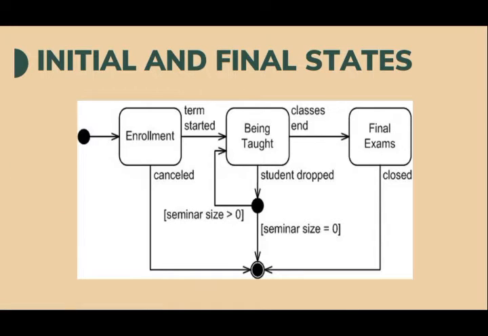So as you can see, here is an example of the initial and final state. The initial state starts at enrollment, then goes to being taught, but if the student drops, it goes back to start, and if they take a seminar, it returns to being taught. If the student did not drop, it goes to the final exams. And after that final exam, it closes and proceeds to the final state.